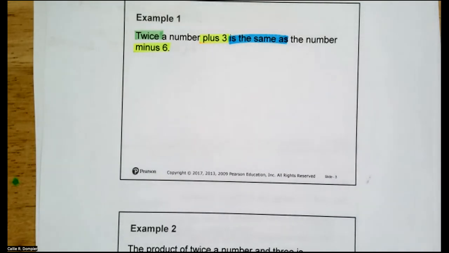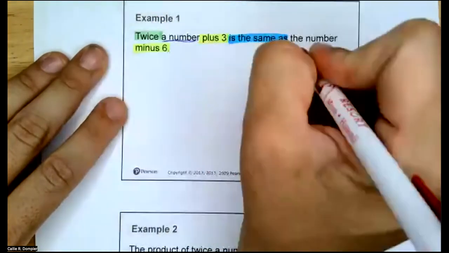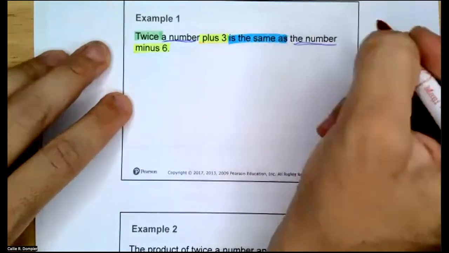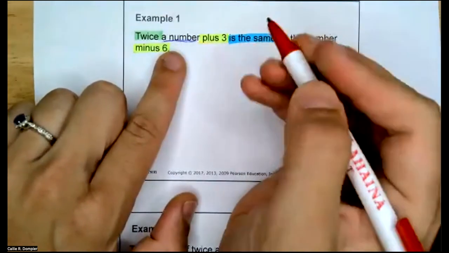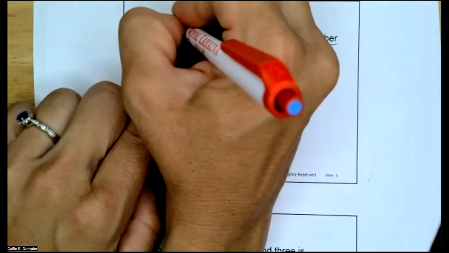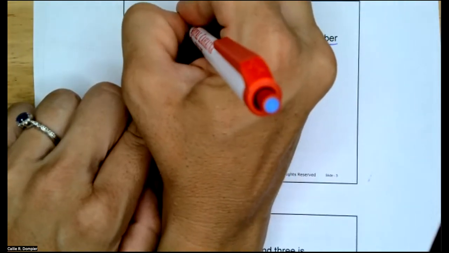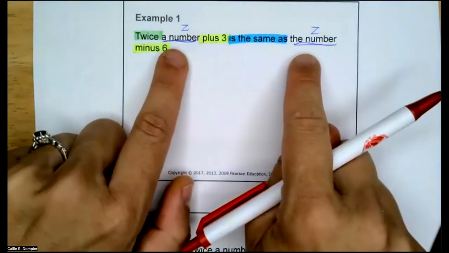The number is just saying again what we already introduced. So we introduced a number, and then we have the number. It's referencing the same number we already introduced. And when you don't know what the number is, that's when you use a variable. So you could use the letter X, you could use the letter Y, you could use the letter Z, okay? So a number and the number are the same.